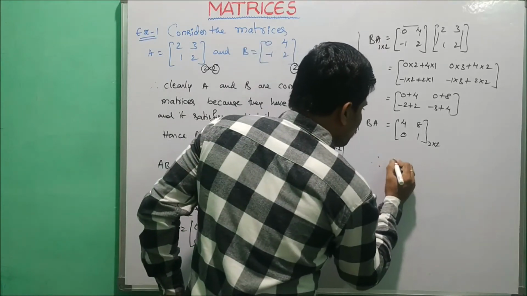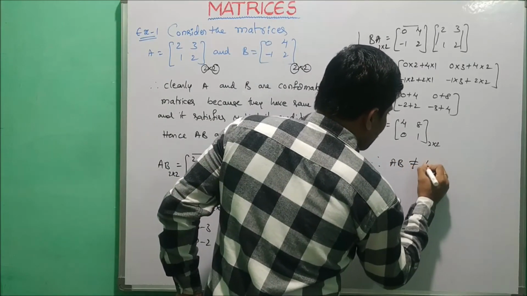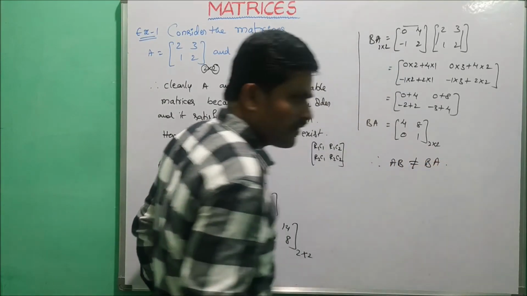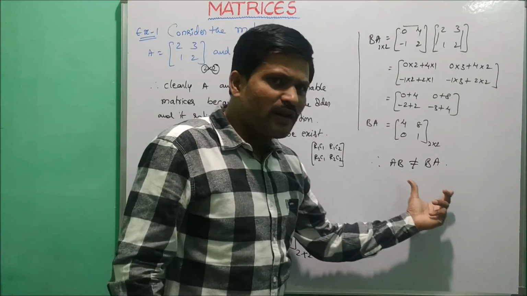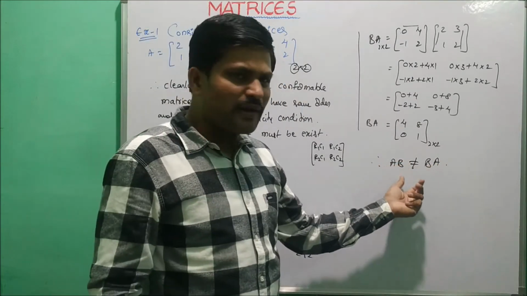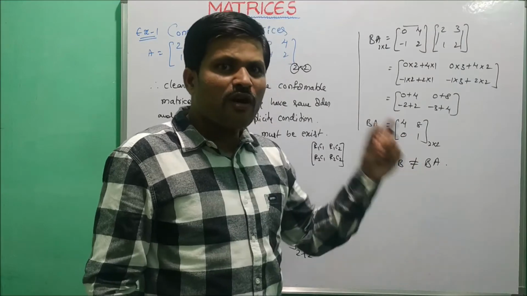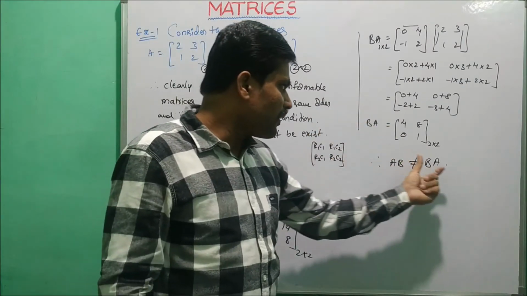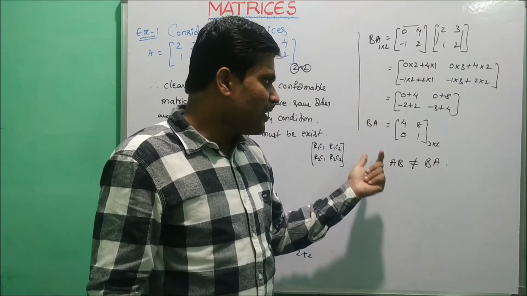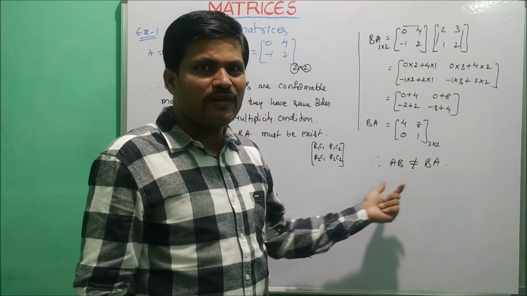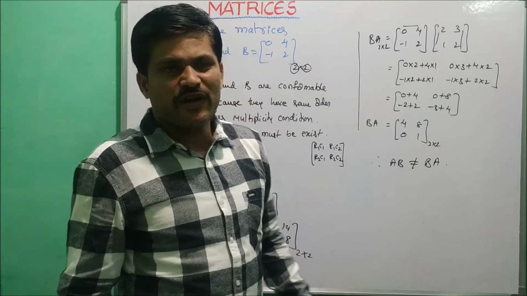Therefore we write AB is not equal to BA. Now this property, with respect to multiplication, is called the commutative property. Here the commutative property with respect to multiplication is not satisfied.